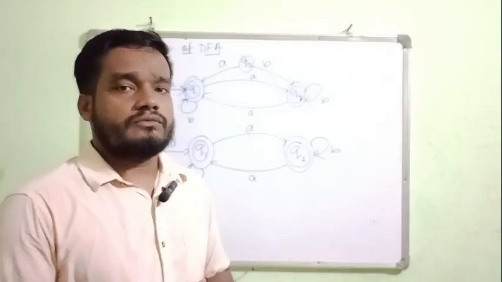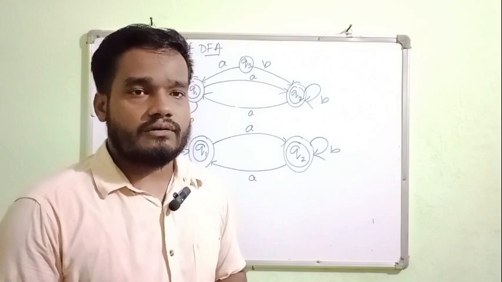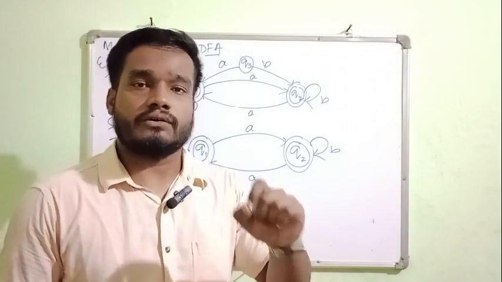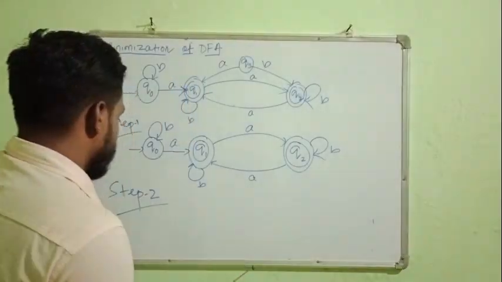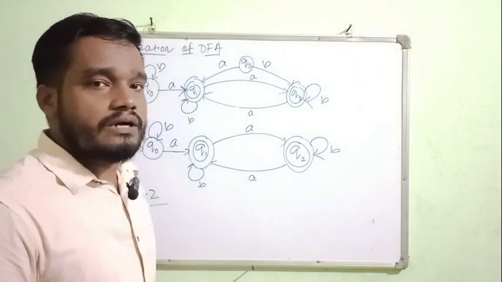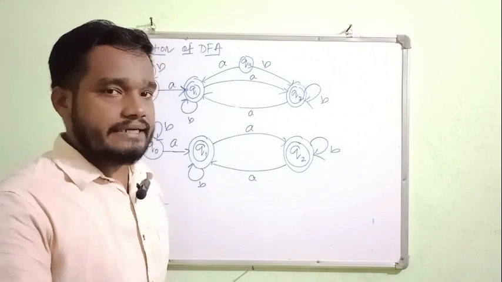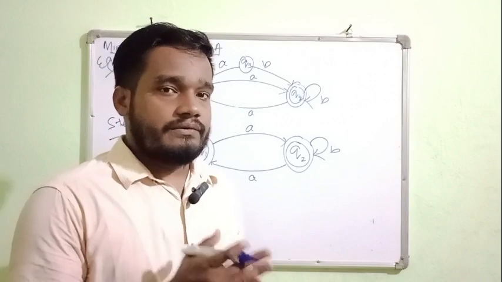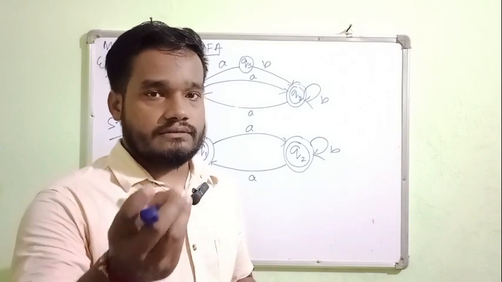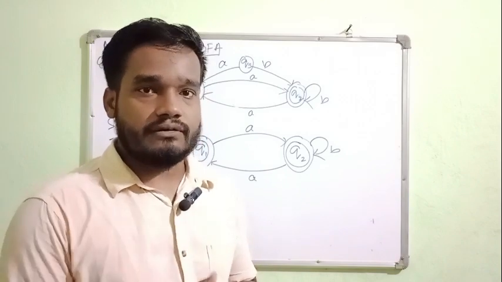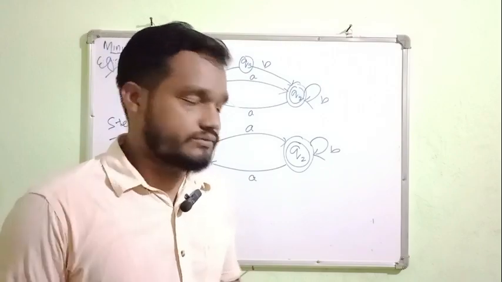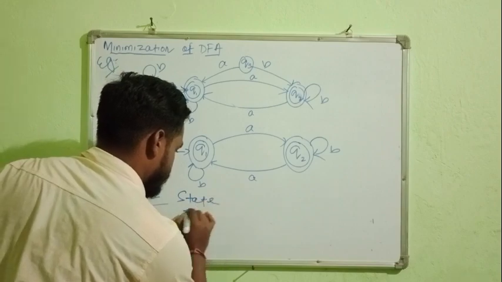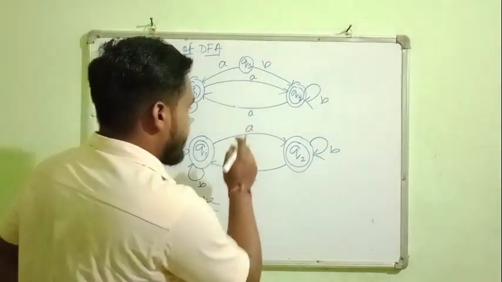In step 2, we make the transition table of the DFA after elimination of the inaccessible state. We had already learned how to construct a transition table from a DFA. In the first column we place the states, and in the other columns the inputs.